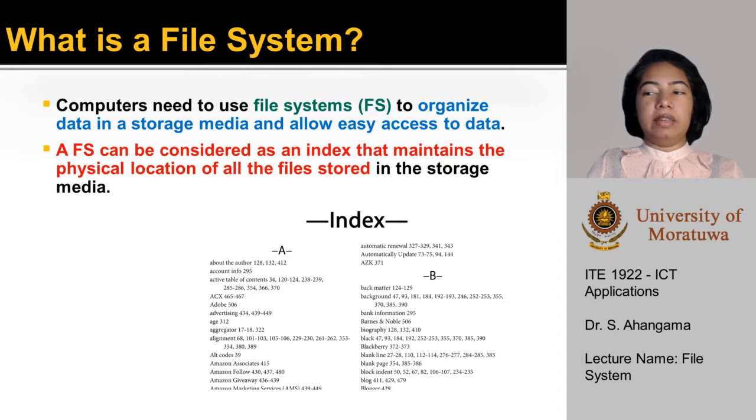The key terms are listed along with their location or page number. We can read the content by going to the address listed in the index. Similarly, a file system can be thought of as an index that keeps track of the physical location of all the files stored on storage media.